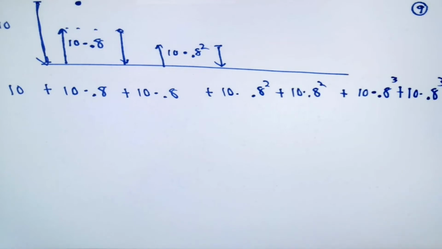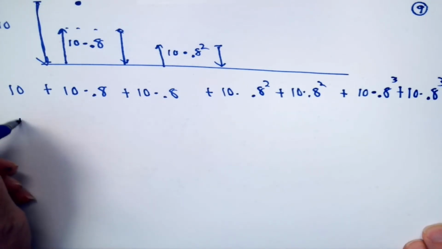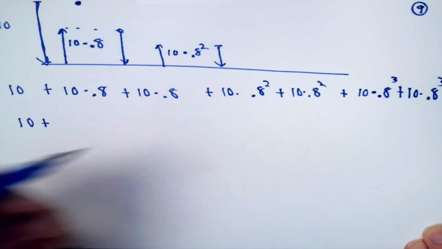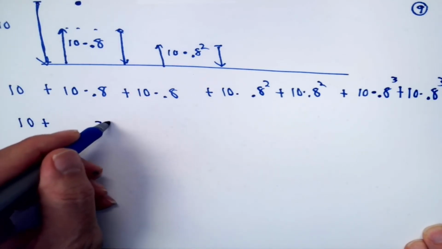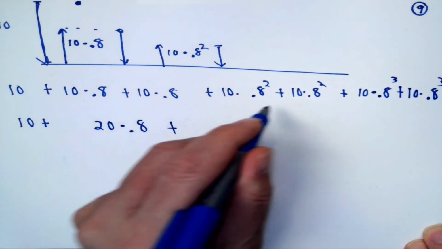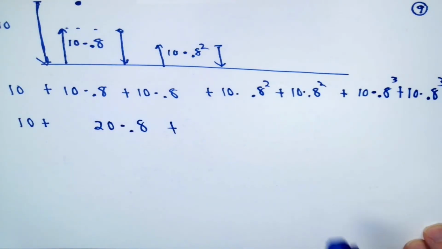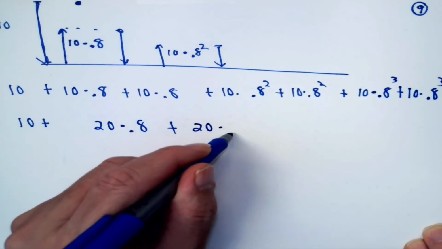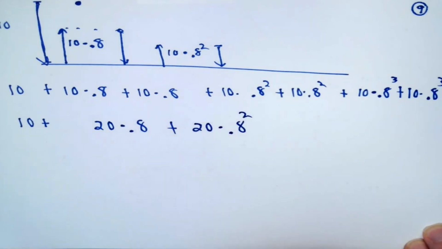Obviously, up to the number of terms that I've written down, I can simplify this a little bit. This is 10 plus, I might as well combine these together and say 20 times 0.8. These two, I might as well combine them as well and say 20 times 0.8 squared.